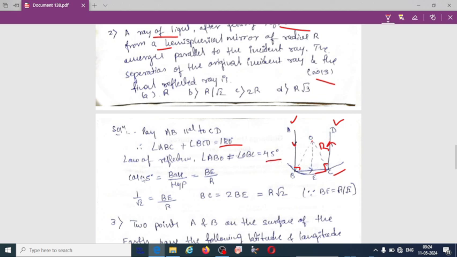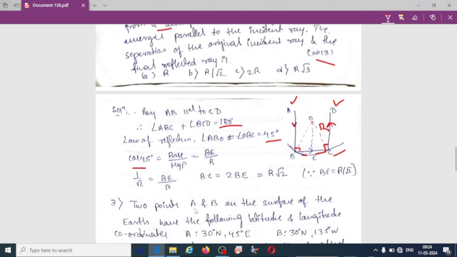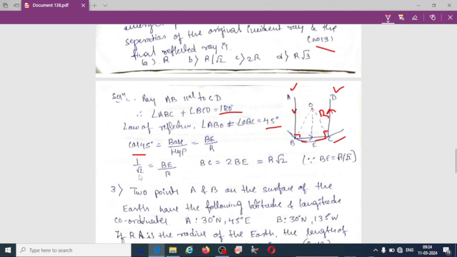So 45 degree. Cos 45 degree is how much? Base by hypotenuse. So base here BE and hypotenuse radius R. So cos 45 is 1 by root 2.